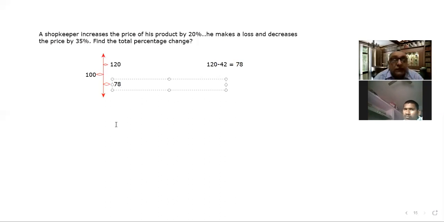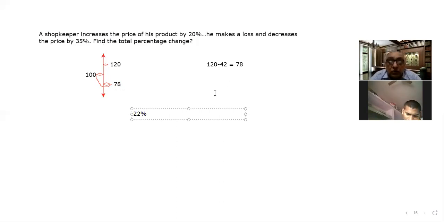So now what is the question? The question is, what is the total percentage change? Total percentage change means considering both, right? So the original price was 100. Now after considering the two changes, the price is 78. So the total change is 22% after considering both the changes. All right, so this is one way to solve this question.